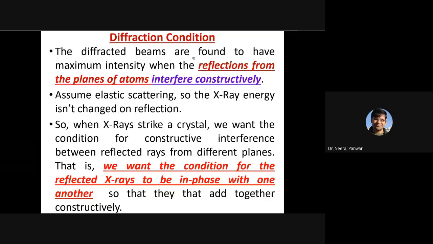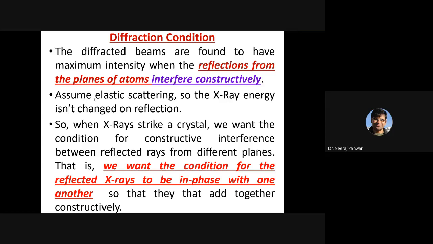The diffracted beams are found to have maximum intensity when the reflections from the planes of atoms interfere constructively. I believe you remember the condition of constructive interference, in which the path difference traveled by the two waves must be an integer multiple of the incident wavelength. And if it is a half-integer multiple of wavelengths, then it will produce destructive interference.